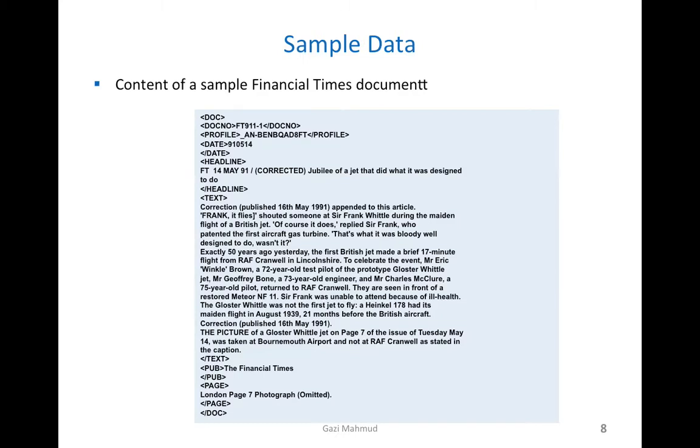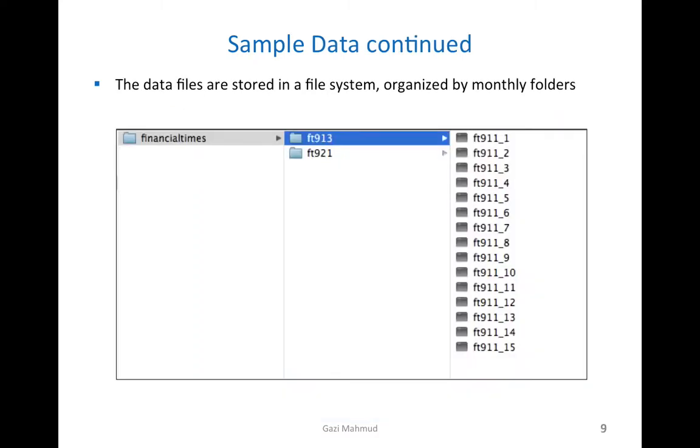So here is a sample document out of the Financial Times article data set. The documents are ASCII text files, and also they are in XML format. So in a way, the documents that are going to get fed into the indexer are structured in XML format.